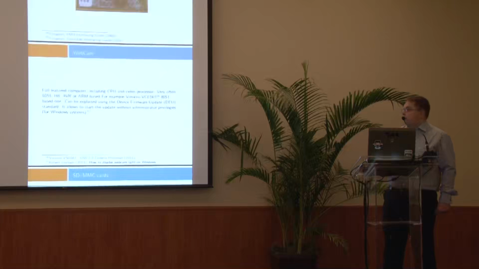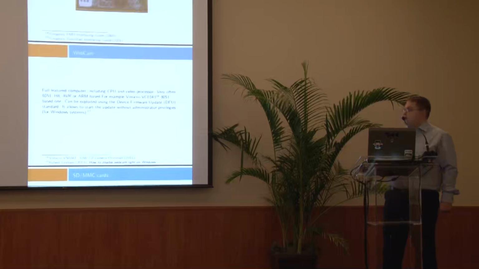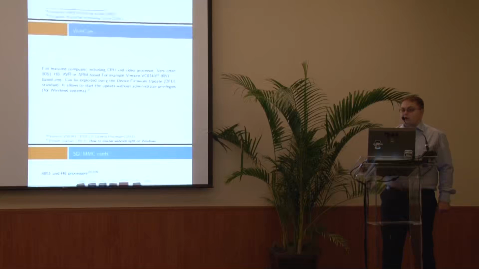But I think there will be. One more chip that you can find in most laptops is a webcam. The webcam is usually a completely independent computer too, and to process your data, it runs its own firmware.